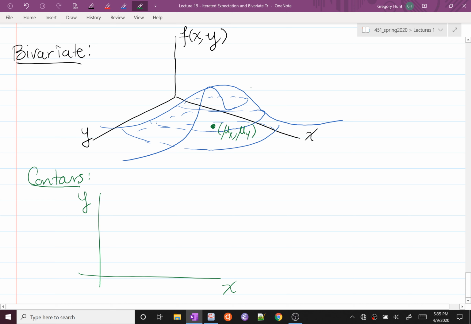So this is what's called the mean. And the shape is going to be determined by the variance of x, the variance of y, and rho, which is going to be the correlation between them.